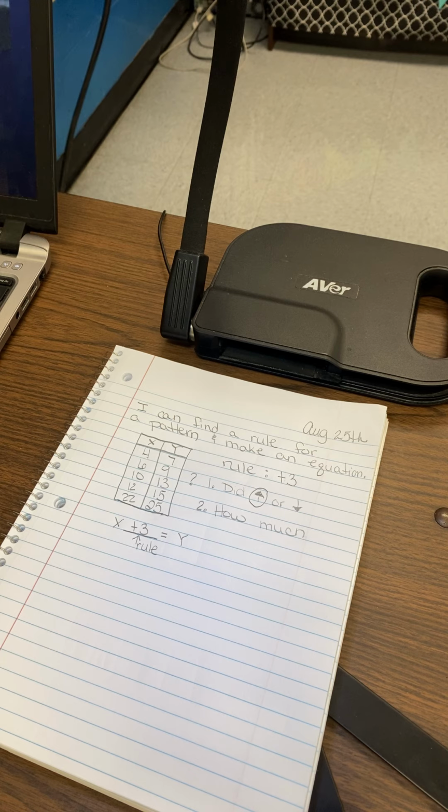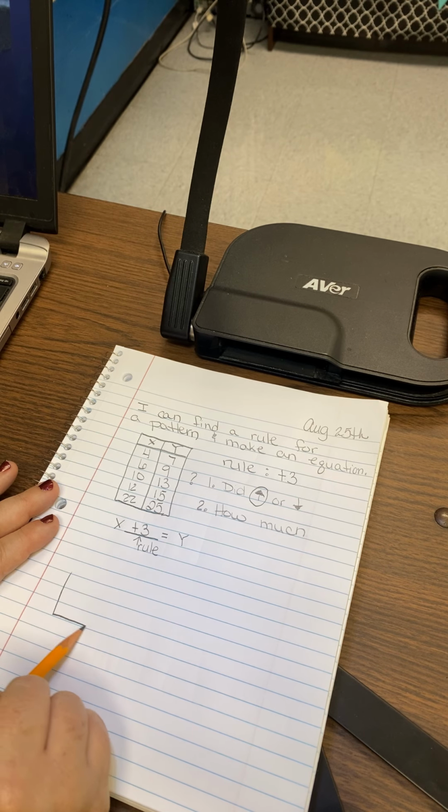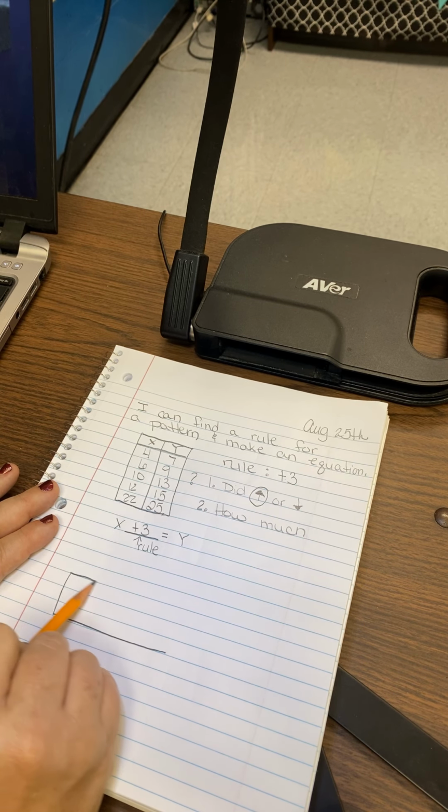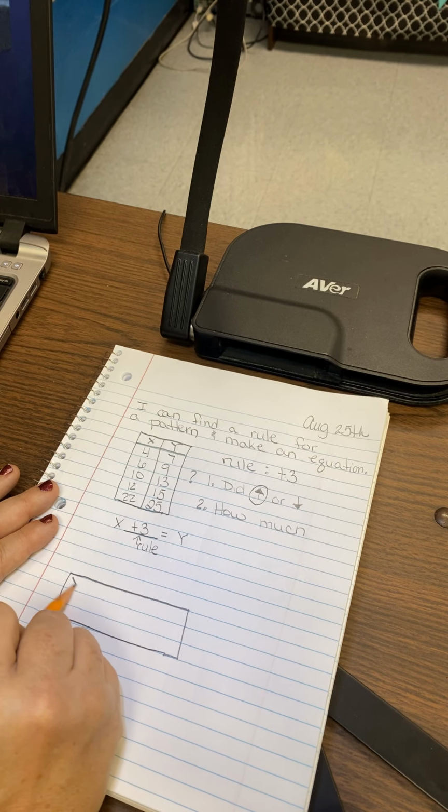All right? Now let's try a horizontal one. So just like we did yesterday, we're going to do our horizontal box, so that way you see both kinds.